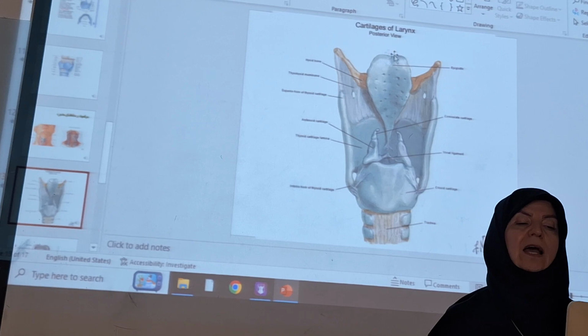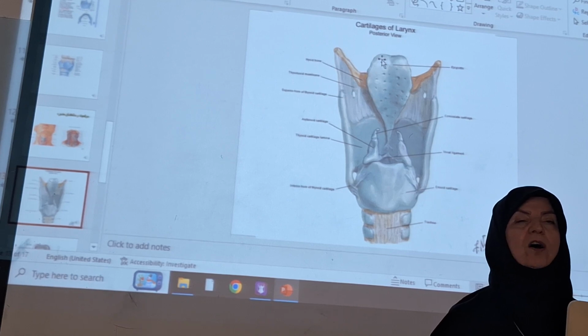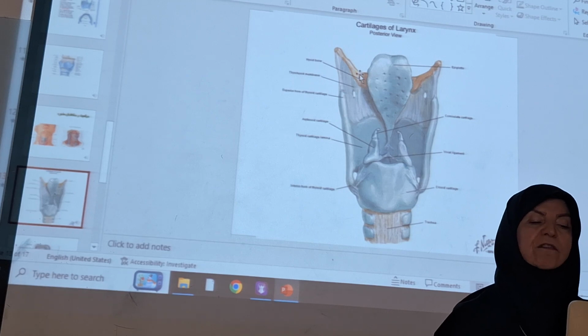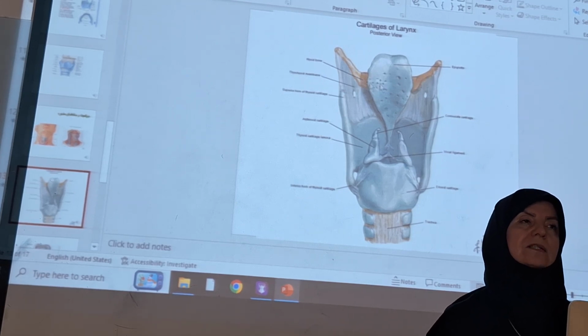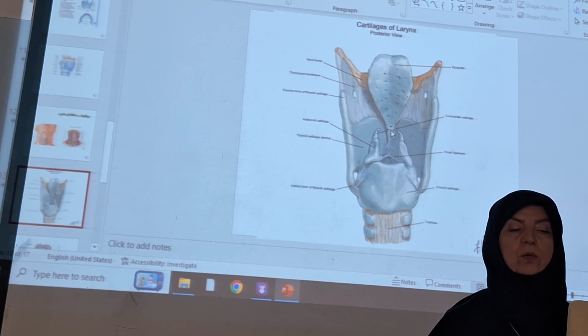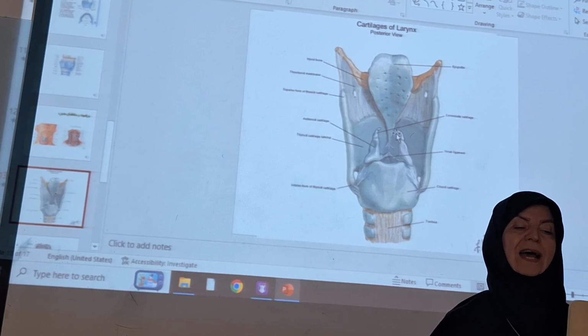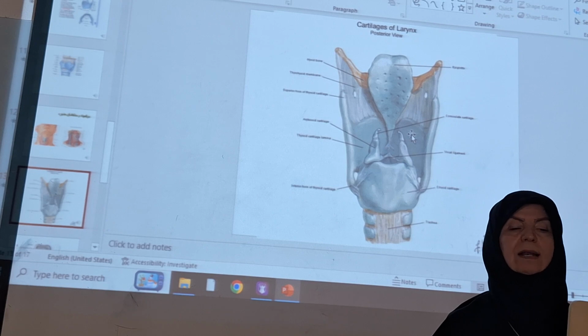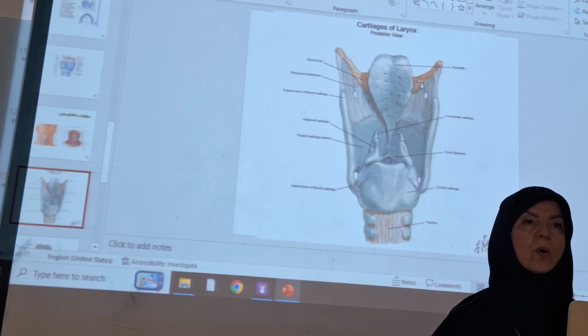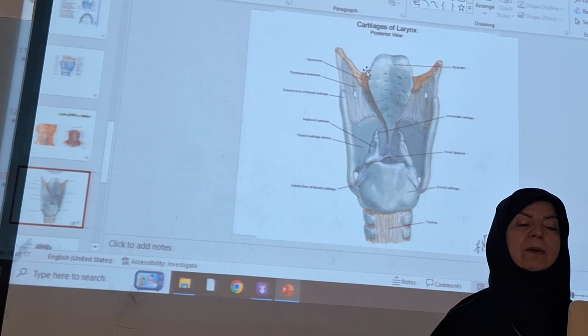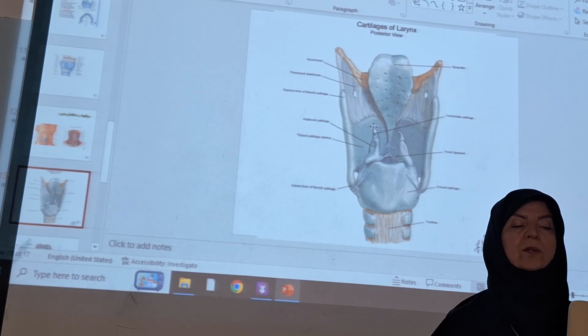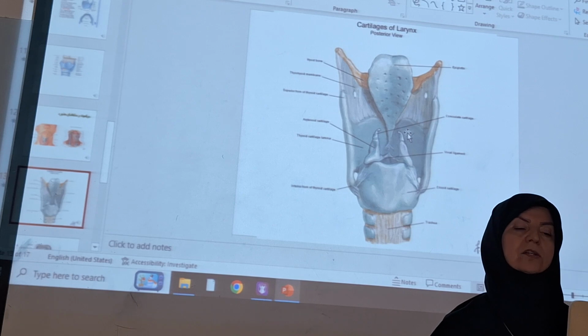Superiorly, the anterior surface of the epiglottis is going to attach to the posterior surface of the hyoid bone. So the epiglottis is going to attach to the thyroid cartilage and to the hyoid bone. The ligaments are going to attach the epiglottis to the hyoid bone and to the thyroid cartilage.